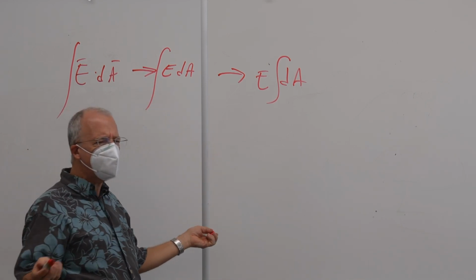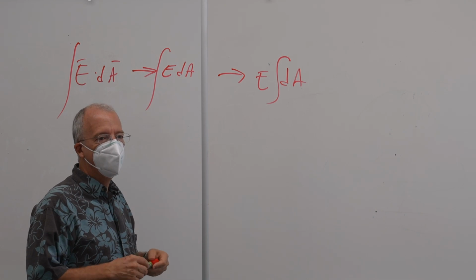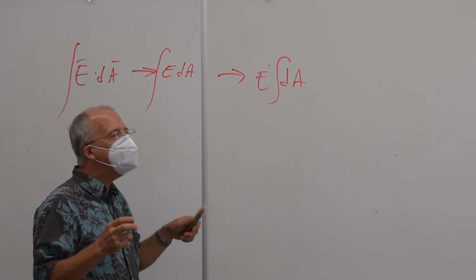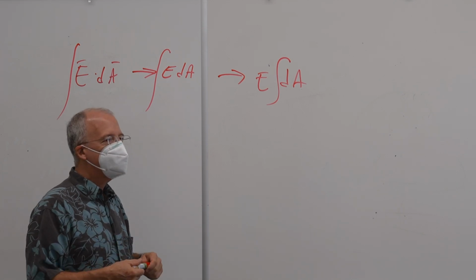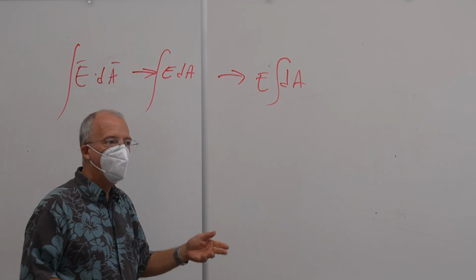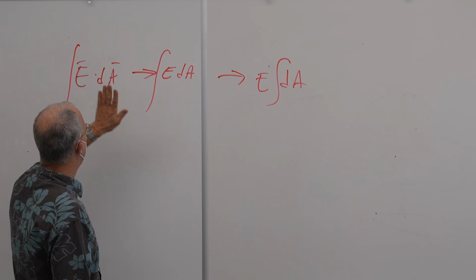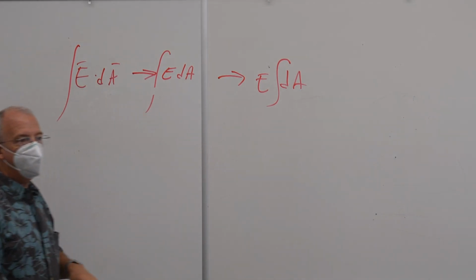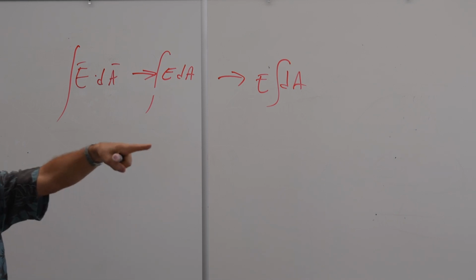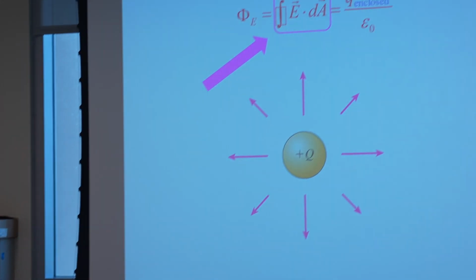And who chooses the surface? Who chooses the fake Gaussian surface? We do. So we just have to be clever. We're going to choose a surface so this is true and this is true. All right? Okay, now stare at that. Here you have this sphere.